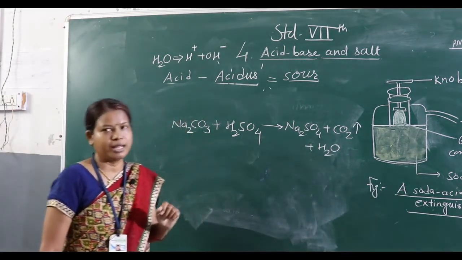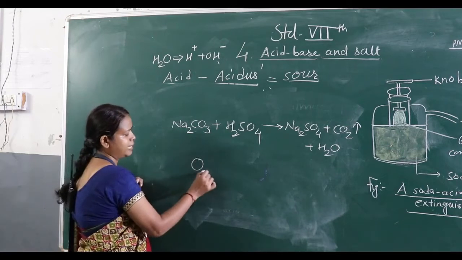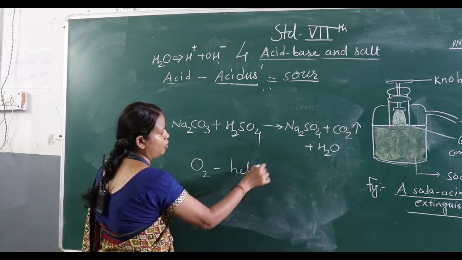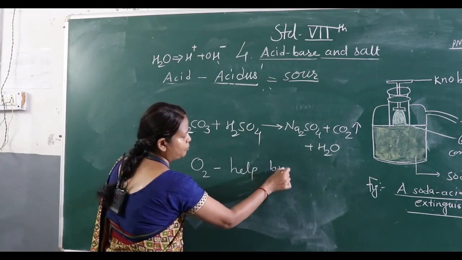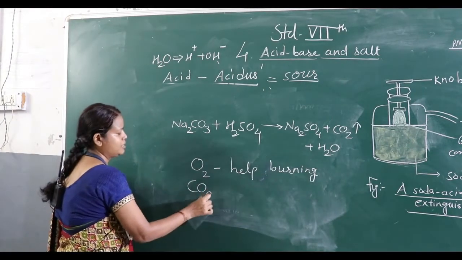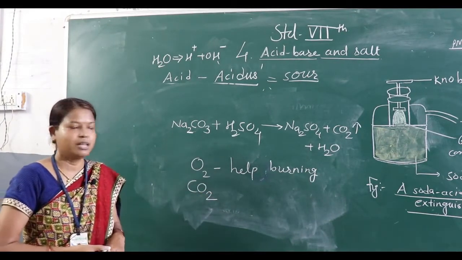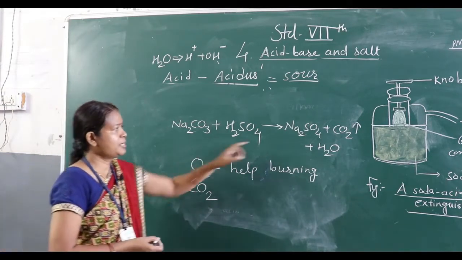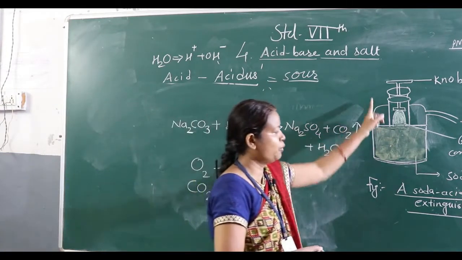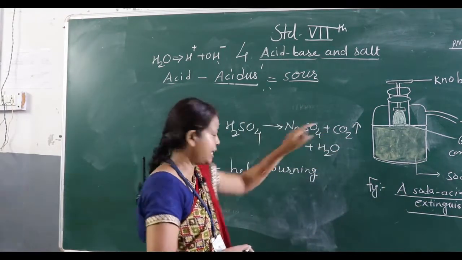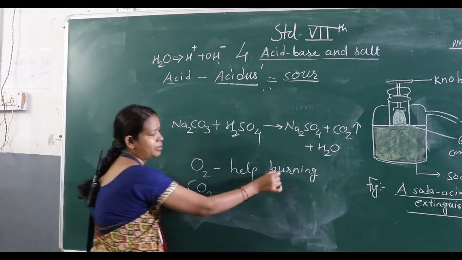And you all know that oxygen gas is a combustible gas. It supports the process of burning, but carbon dioxide is a non-combustible gas and it does not support burning. So this principle we use in this fire extinguisher, because carbon dioxide gas does not help in burning.